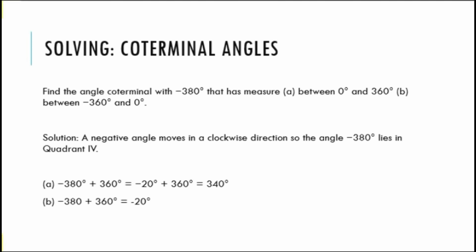So the angle negative 380 degrees lies in quadrant 4, or the lower right part of the coordinate system, or the xy plane. And so you can see here that negative 380 is added with 360, resulting in negative 20. But since the positive value is asked from us, we can add 360 again so that it will become 340. And to get the negative value, leave it as it is, so it is negative 20.